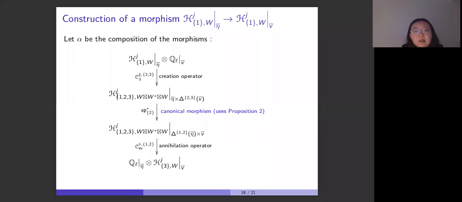So if the cohomology with 3 legs is in the form of a product of sheaves, this is evident. And here what we do is that we use the propositions we proved before, that they have properties very similar to the product of sheaves, and we manage to construct this map.